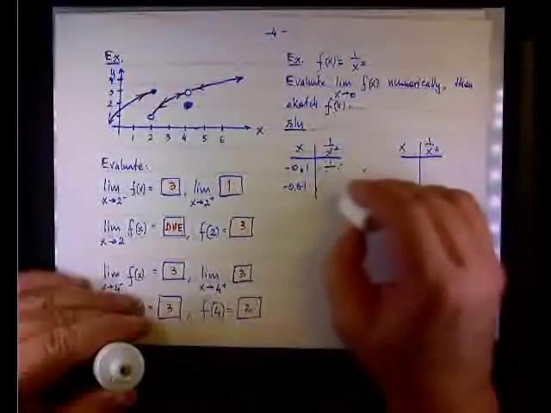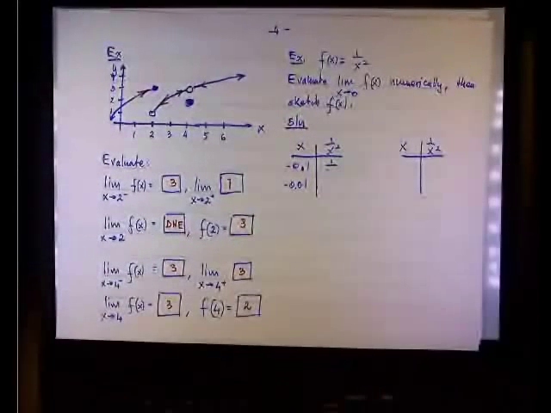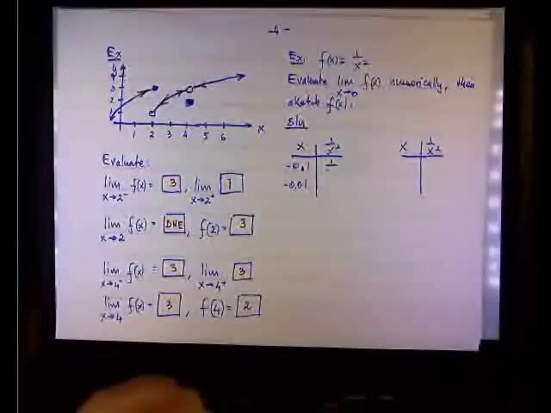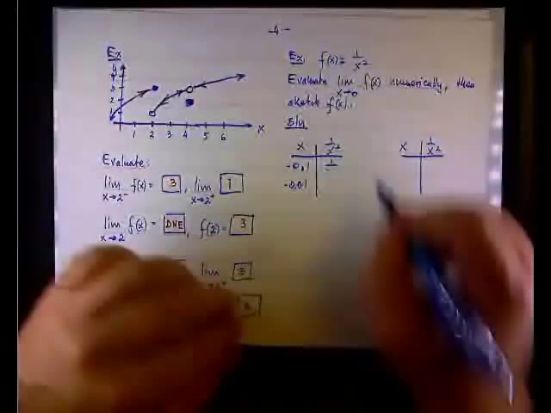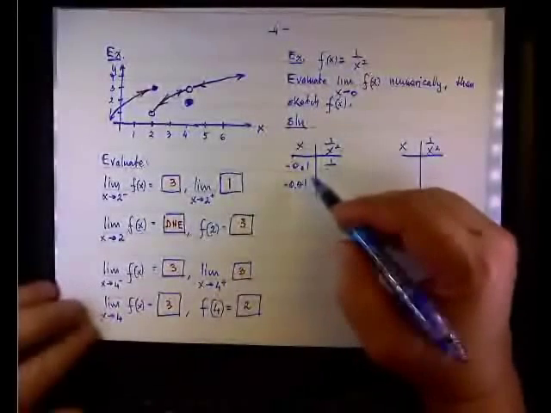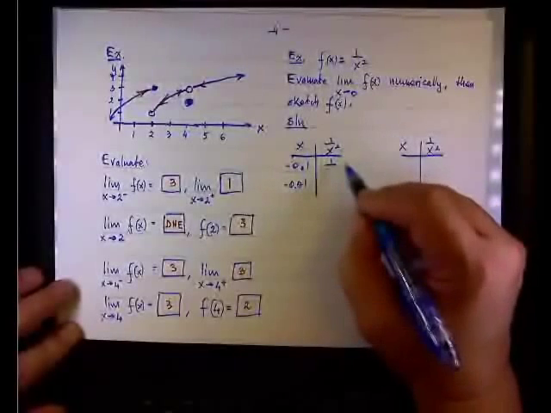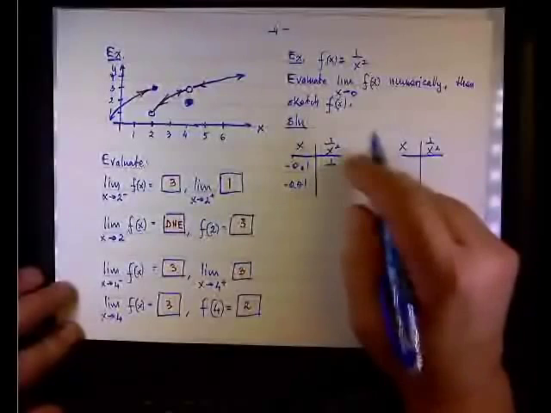The square of negative 0.1 is positive 0.01, and the reciprocal of it will be 100.